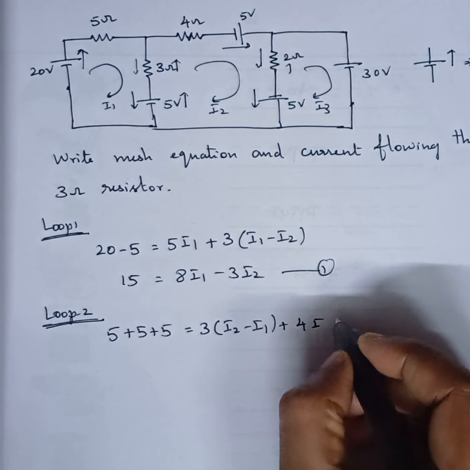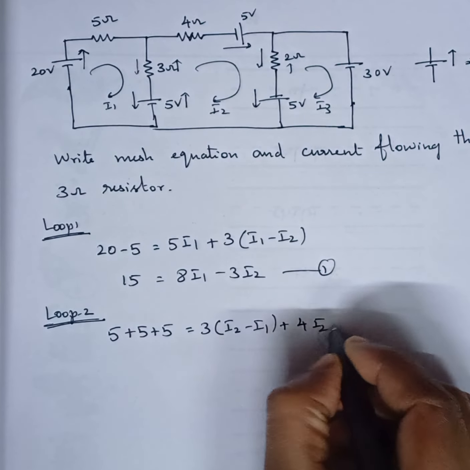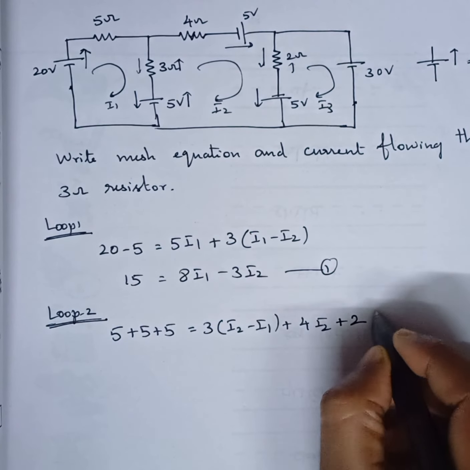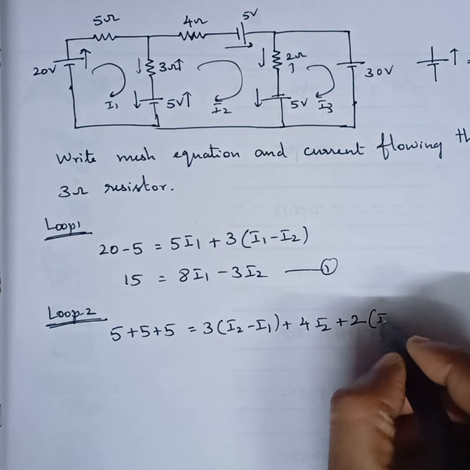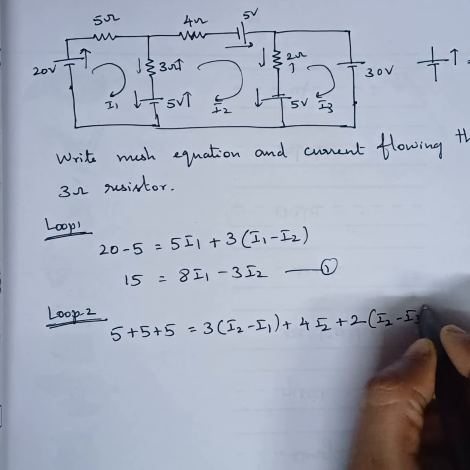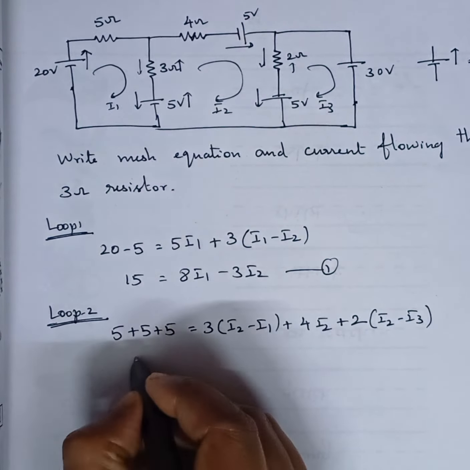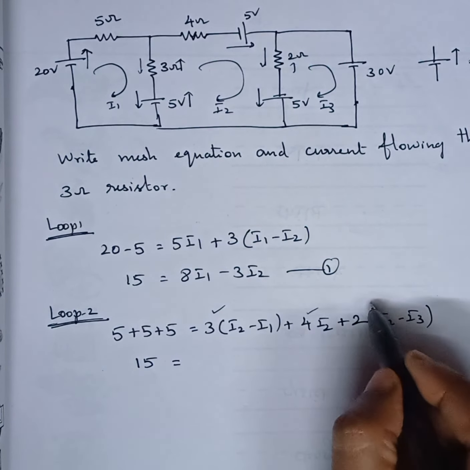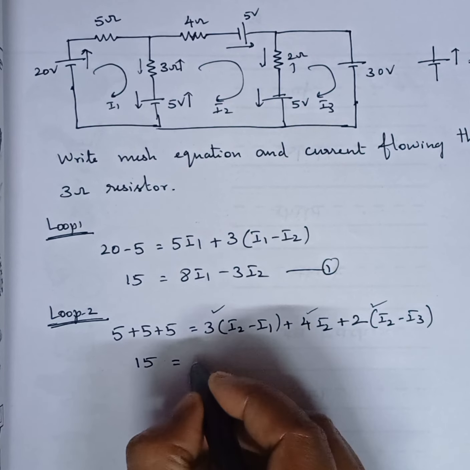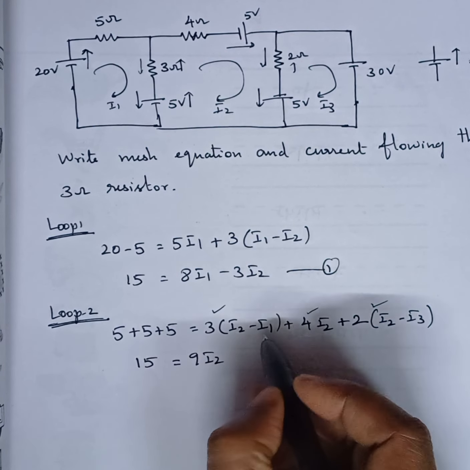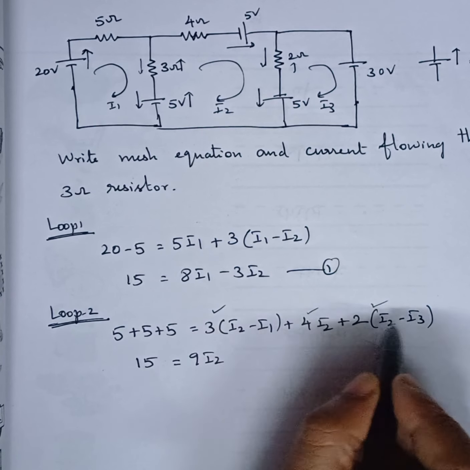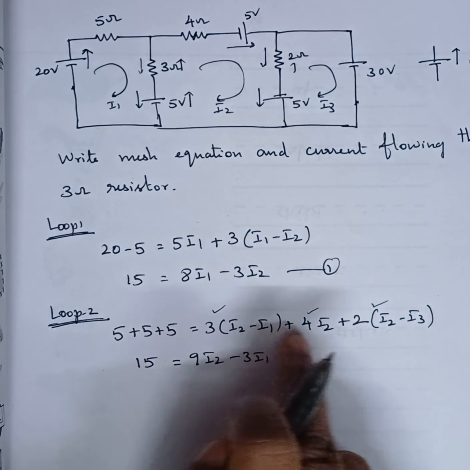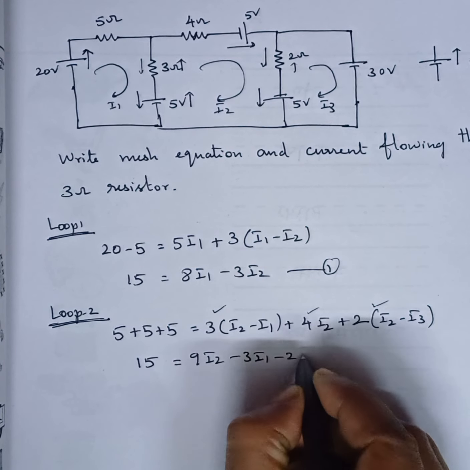Okay, so here for this one 4I2 plus, while considering this one, 2 into, as we are in second loop, it should be I2 minus I3. Okay, so rearranging this, 15 is equal to 3I2 plus 4I2 plus 2I2, 3 plus 4 is 7, 7 plus 2 is 9I2, minus 3I1, no more I1, then minus 2I3.